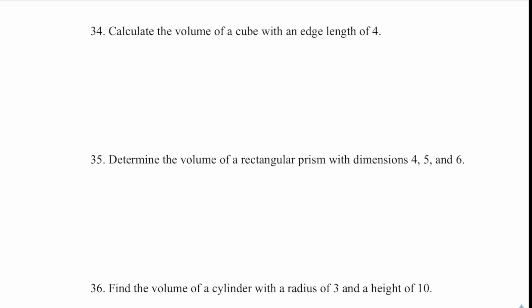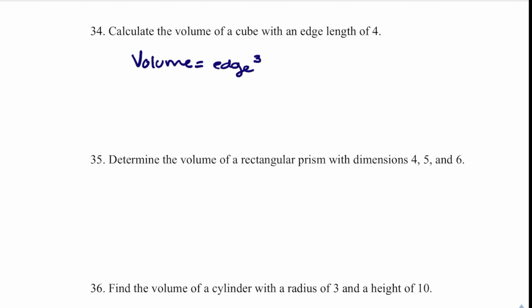(34) Calculate the volume of a cube with the edge of 4. So again, you need to memorize these equations. So volume equals the edge cubed. So again, we have a calculator, so when something is cubed, we multiply it by itself and then multiply it again by itself.